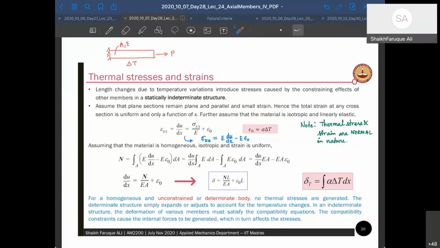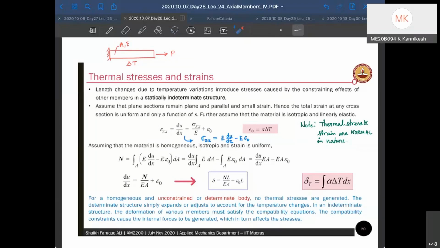Now, what about the stress due to this change in temperature? Will there not be any stress due to this change in temperature? There will be a change in length, sir. Change in length, but won't there be any stress?